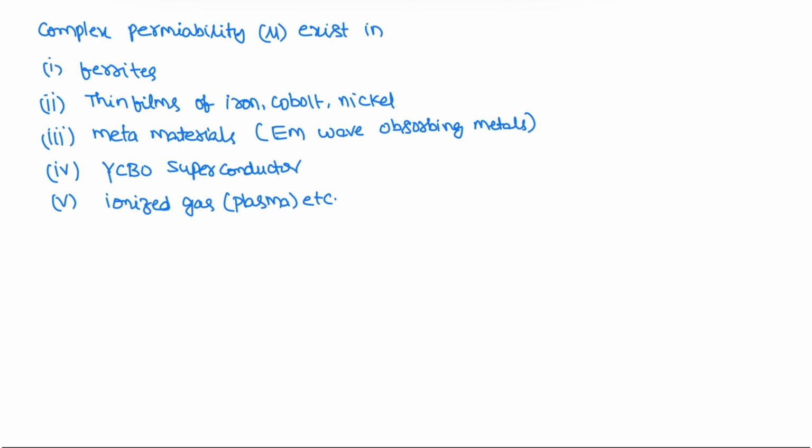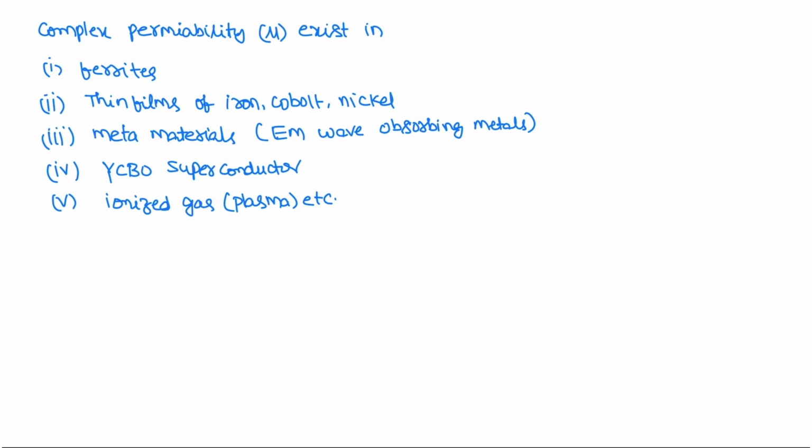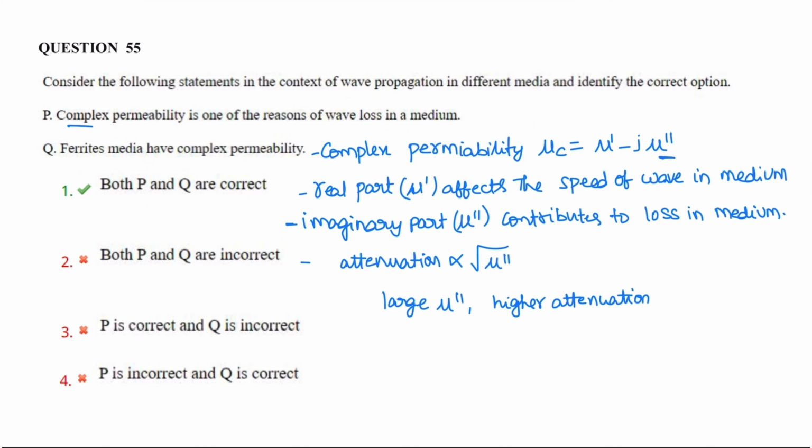Next, this complex permeability exists in YBCO, yttrium barium copper oxide superconductors, and ionized gas, etc. So the correct option is: complex permeability is one of the reasons for wave loss in the medium. Statement P is correct. Ferrites have complex permeability, so statement Q is also correct. Both statements are correct. Option 1.